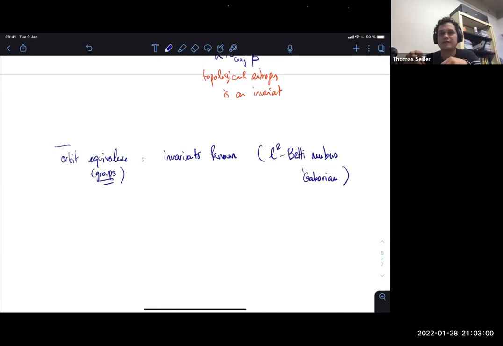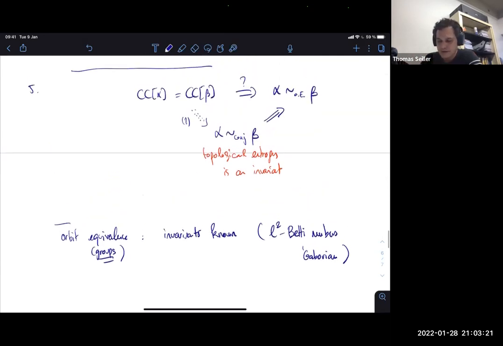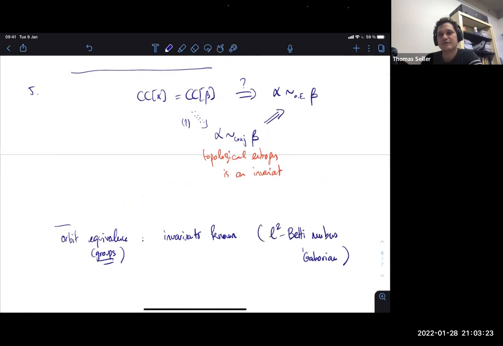These are the L2 Betti numbers, and you can separate manifolds in this way when the usual Betti numbers don't work. So again it's a cohomological invariant. Maybe that's something I didn't quite explain, but in some way cohomological invariants come in, and I would like to formalize this.